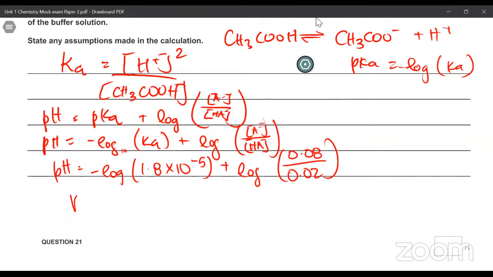Put that all into your calculator, and you say minus log to the base 10. Yes, you have to put the 10 in your calculator. Minus log to the base 10 of 1.8 times 10 to the minus 5 plus log to the base 10 of 0.08 over 0.02. All right. And my calculator is telling me 5.3.